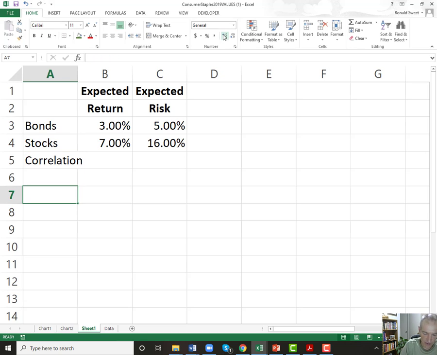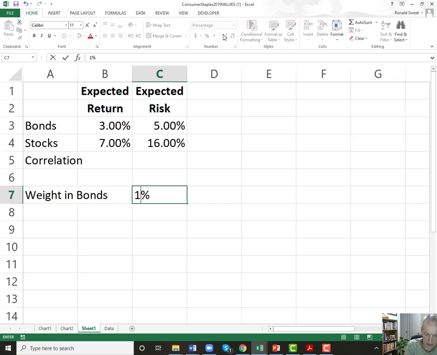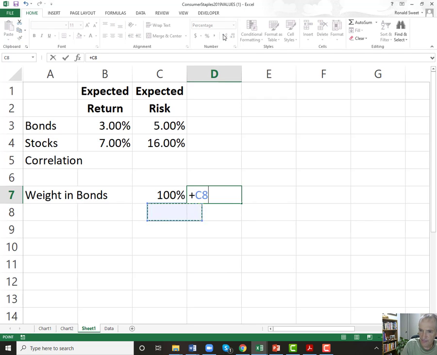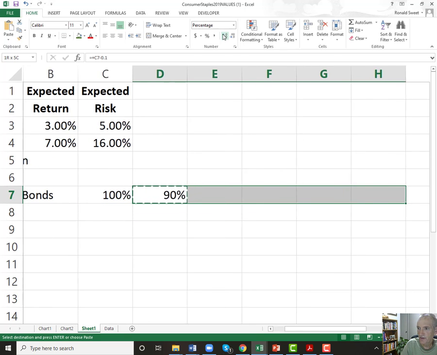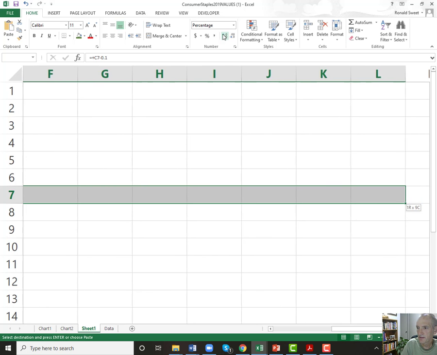And so what we want to do here is let's talk about what is our weight in bonds. Well, let's start with 100% in bonds. And let's bring that down by 10%. So 90%, 80%, 70, 60, 50, 40, 30, 20, 10, 0.